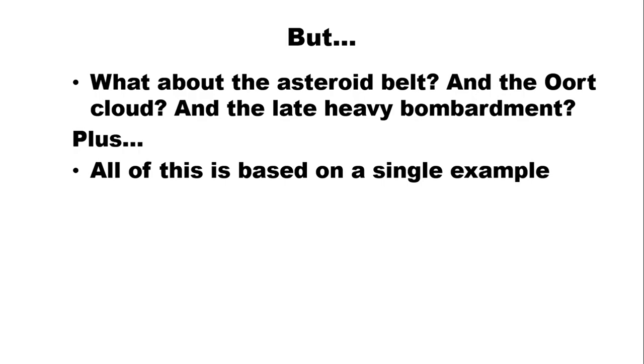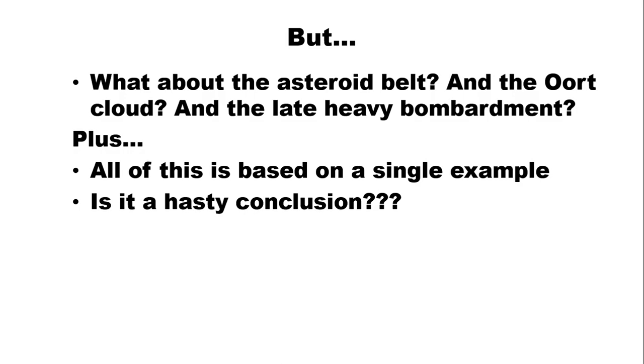So are we perhaps engaging in the logical fallacy of the hasty conclusion? In order to know that, what do we need to do? We need to look for other solar systems and see whether they match up with what nebular theory predicts. And that will be for the next lesson.